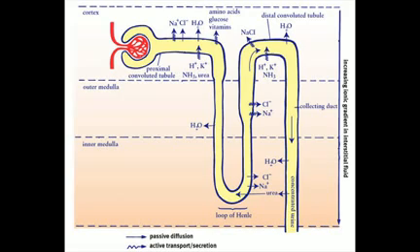The glomerulus filters this blood, and during filtration the substances like glucose, amino acids, salts, water and urea present in the blood pass into Bowman's capsule and then enter the tubule of the nephron.